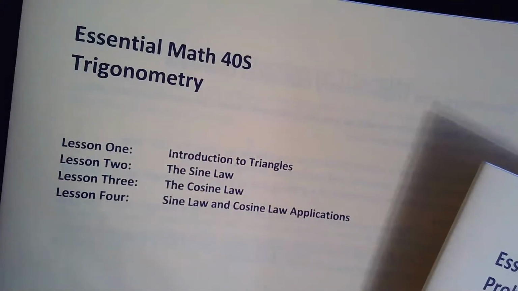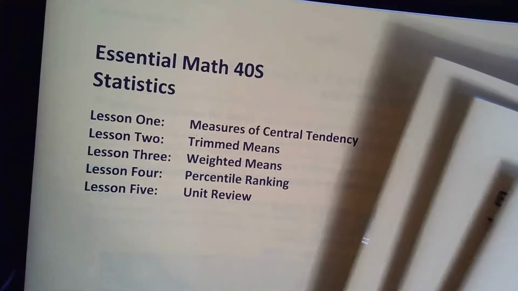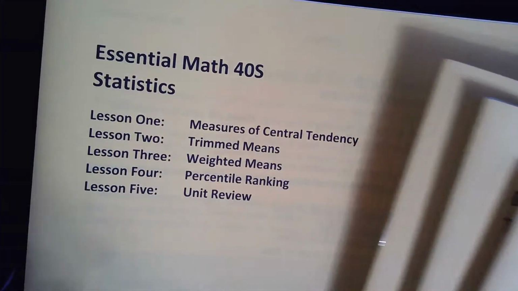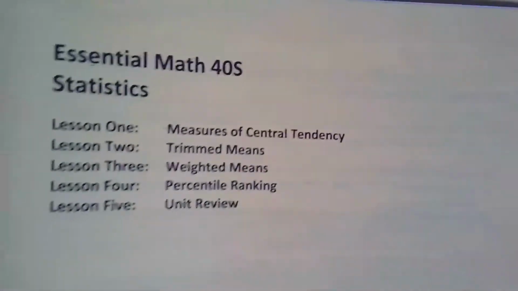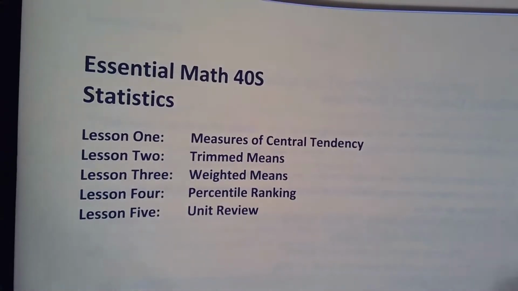I think my next booklet, I have several choices in here. We could do probability, trigonometry. I think trigonometry, I'm going to reserve that for later on. I might start with statistics, because it's pretty short.